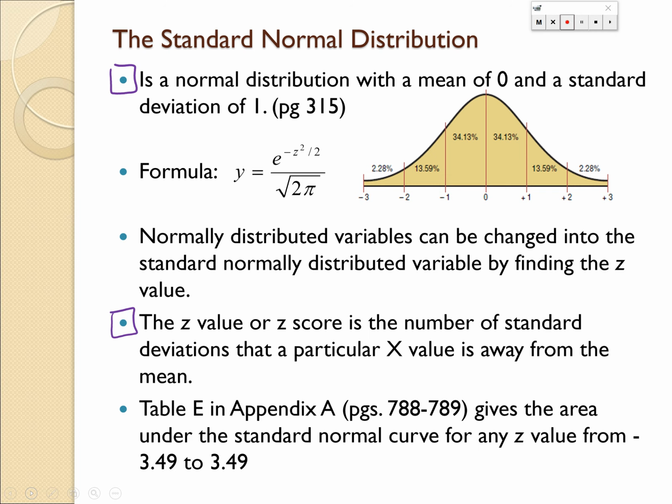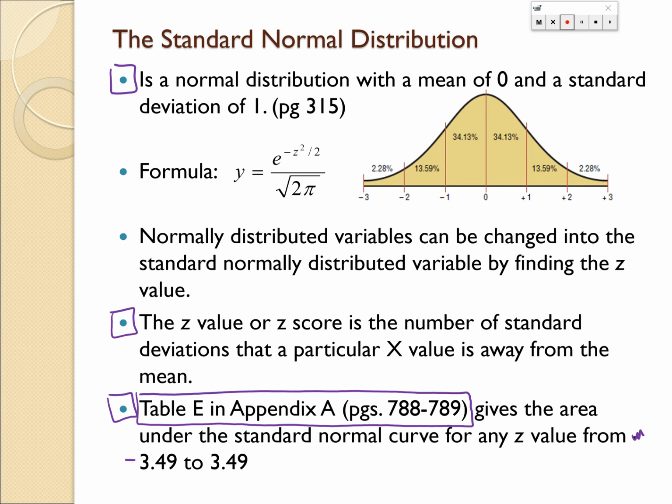Now, the nice thing is for us, all the nitty-gritty calculations have been done for us, finding all the different areas for any z-value from negative 3.49 to 3.49. So what I would probably jot down here is just that we're going to use Table E. It's going to give us the areas, and you're going to know that.